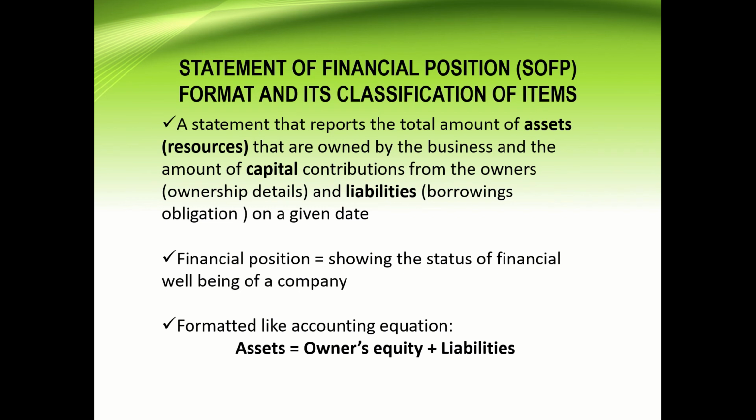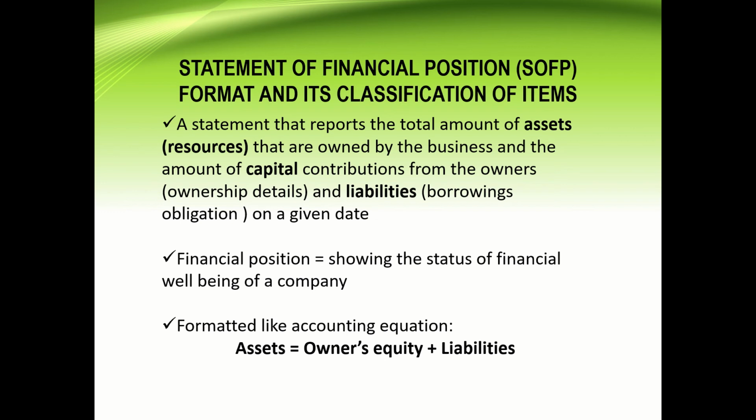So, what is statement of financial position? It is a statement that reports the total amount of assets that are owned by the business and the amount of capital contribution from the owner and liabilities on a given date.